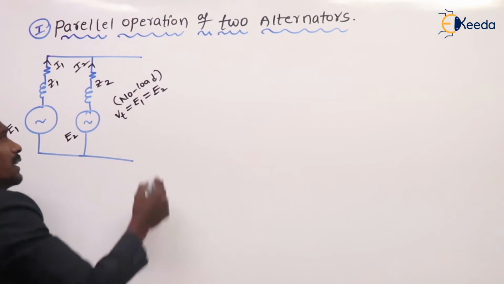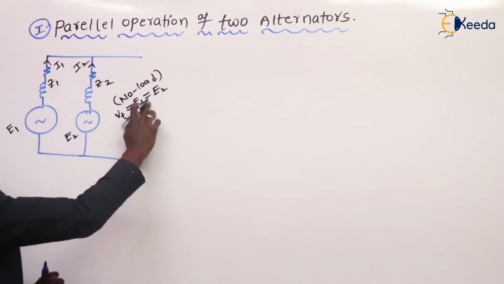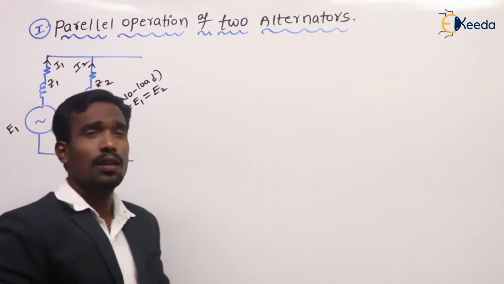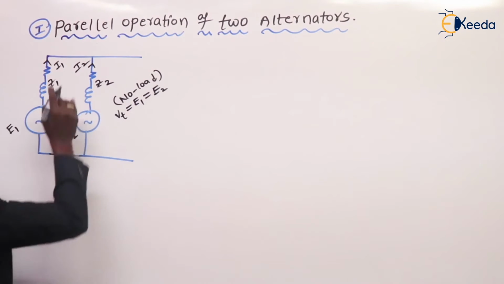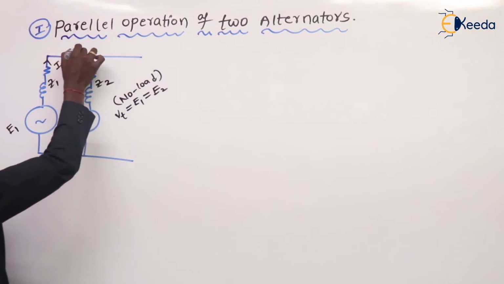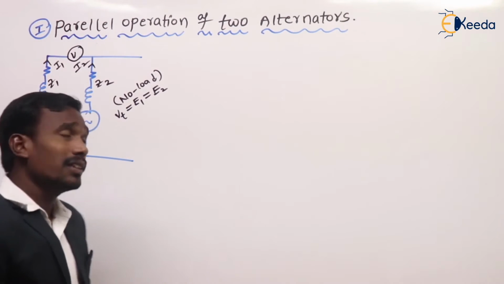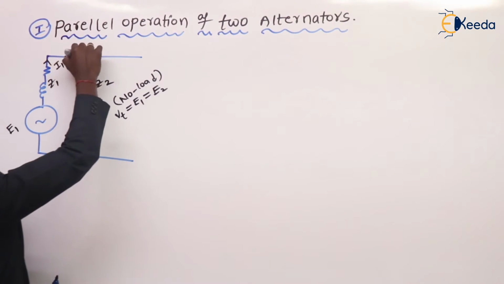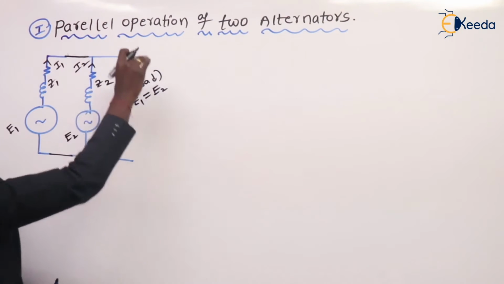Because at no load condition current is 0, then exactly E1 is equal to E2, that is equal to terminal voltage, then only it is possible. Otherwise, connect a voltmeter here. If the voltmeter reads 0 volts, then only we can close the switch and then only these two alternators operate in parallel.